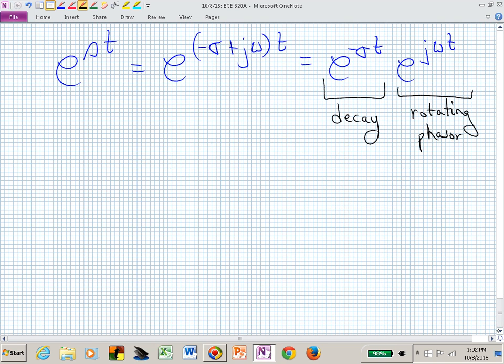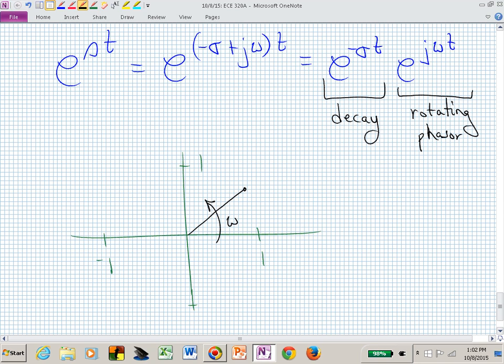The picture that you might envision for that rotating phasor, let's say that we're just dealing with a unit length. So now we just have an e to the j omega t. Now you could have this guy spinning around at a rate omega.